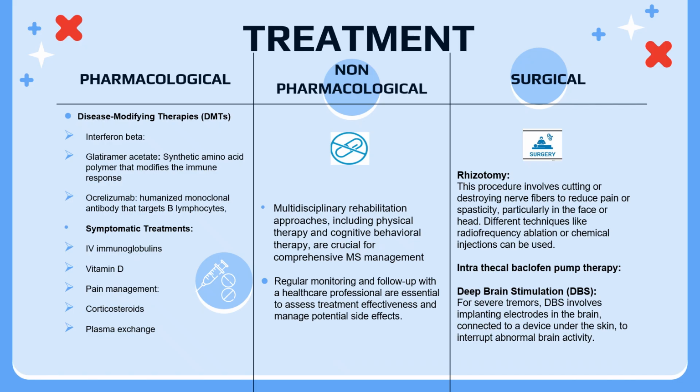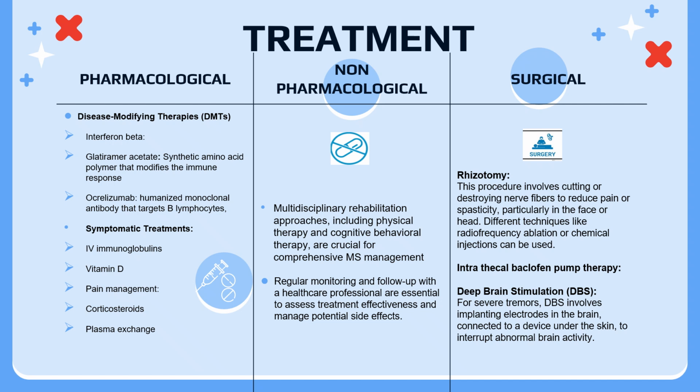Treatment. Now, as I always do, I divide it into pharmacological, non-pharmacological, surgical, and nursing. So, pharmacological is that we start with disease-modifying therapy. Earlier we used to say steroid, steroid, steroid, but now we have divided it into better ways to understand. First is disease-modifying therapy, interferon beta.